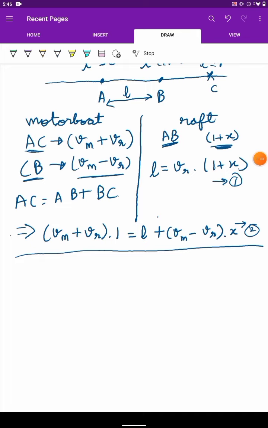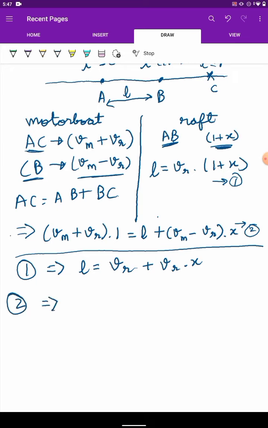So 1 gives me L is equal to Vr plus Vr x. 2 gives me Vm plus Vr, I'm just opening the brackets, that's it: L plus Vm x minus Vr x.